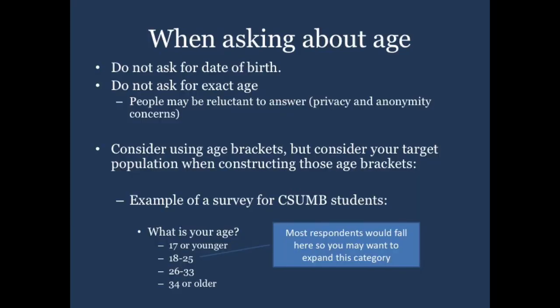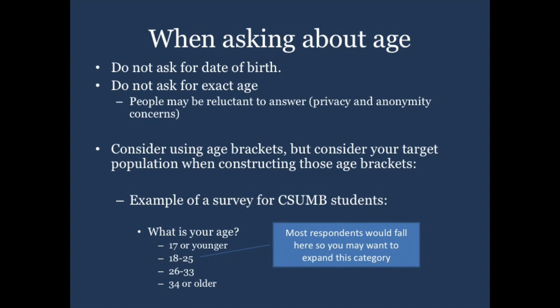So instead of that, consider using age brackets, or categories that include a number of years in them. However, when designing your brackets, make sure that you're considering the population you are targeting with your survey.